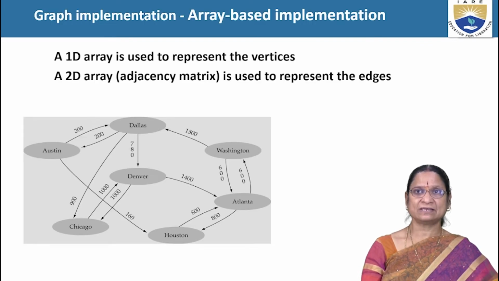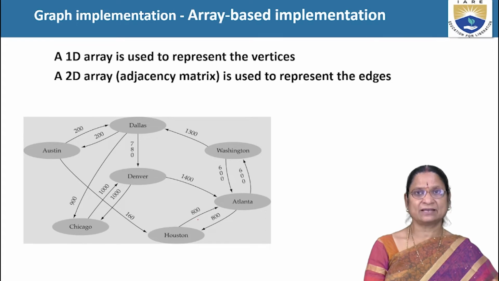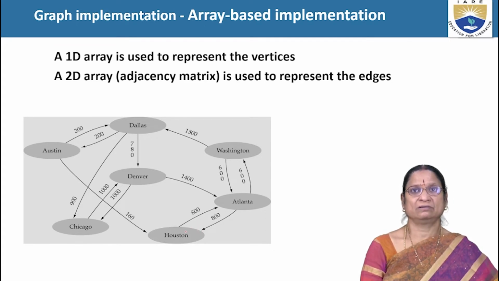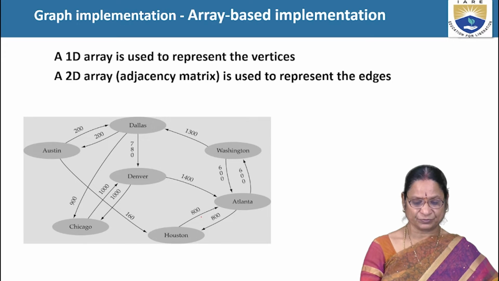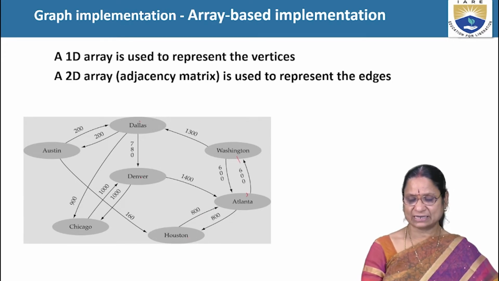If you observe, this is a graph, like a normal map if you consider, and the weights are the respective distances between the respective areas. Then we can consider this for representation of our graph. So how many nodes are there? 1, 2, 3, 4, 5, 6, 7 nodes are there.